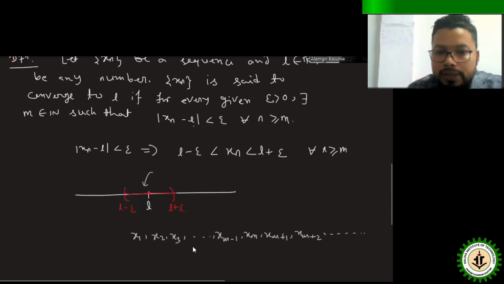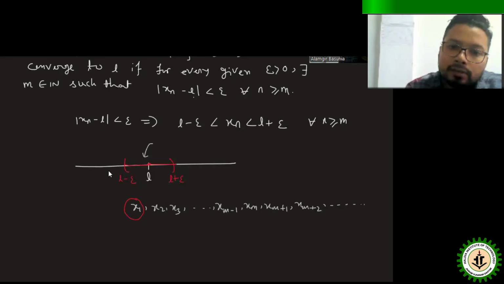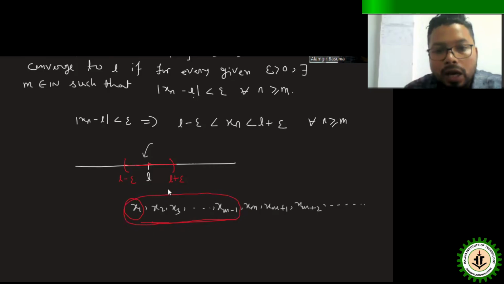That means this x_1 may belong either outside or inside. It may be outside, and this may hold up to x_{M-1}. All these M minus 1 terms may belong outside this interval, maybe to the left of L minus epsilon or maybe to the right of L plus epsilon.